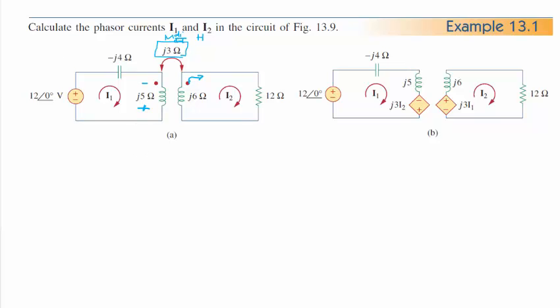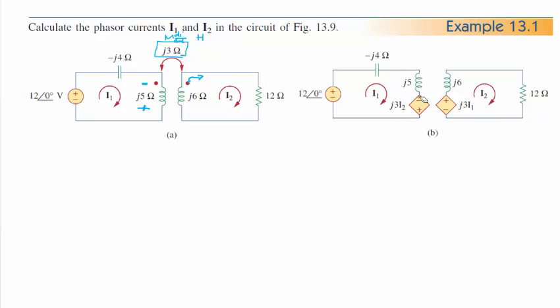I'm going to change color to keep things clear. So look at my polarity here. It's negative and then positive in that direction in the loop. So I can write an equivalent circuit with that induced voltage in it, which is what's shown in figure B over here.